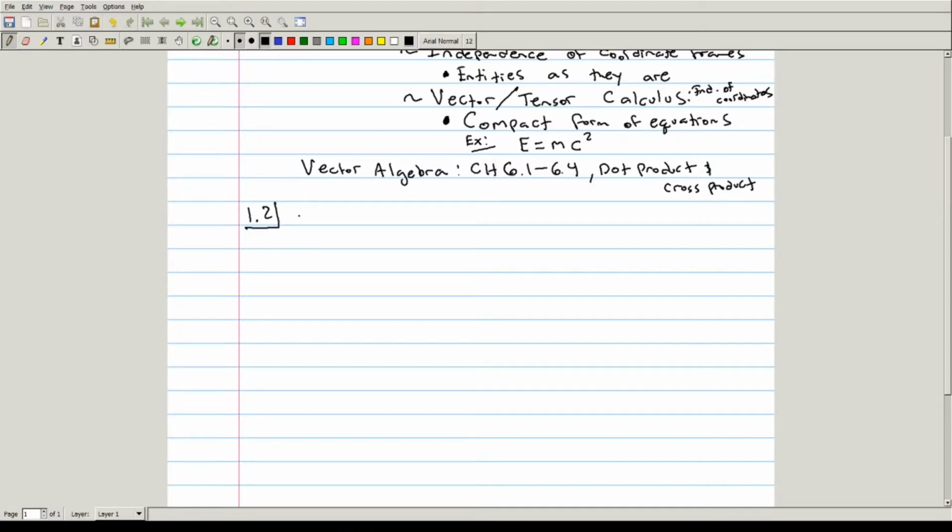So the vector concept contains the following three main objects, and really it's only one main object. This is scalars, vectors, and tensors.